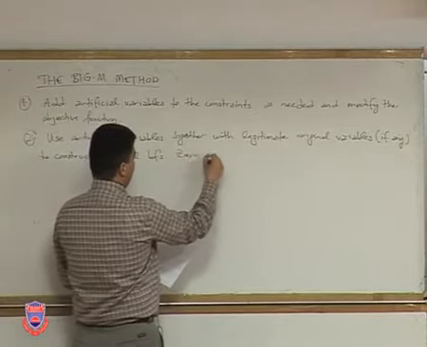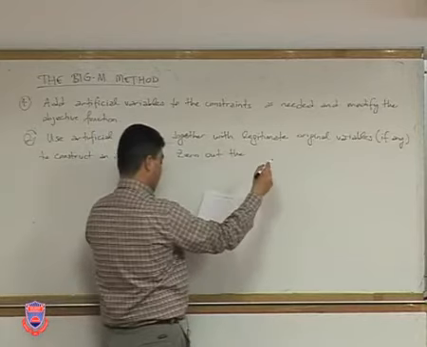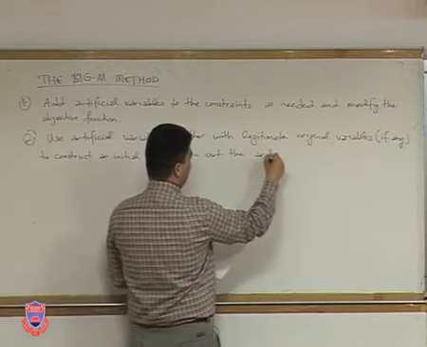Then we zero out the artificial variables in row 0. This is important.